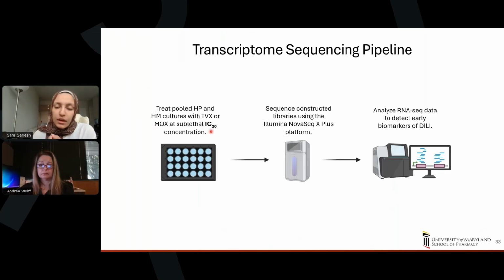At IC20 dose of trovafloxacin, because we also wanted to see early toxicity, or we wanted to identify early biomarkers before the onset of severe toxicity. So that's why we used a lower dose rather than IC50. And then RNA was extracted and sequenced, and finally analysis was done to identify DILI biomarkers.